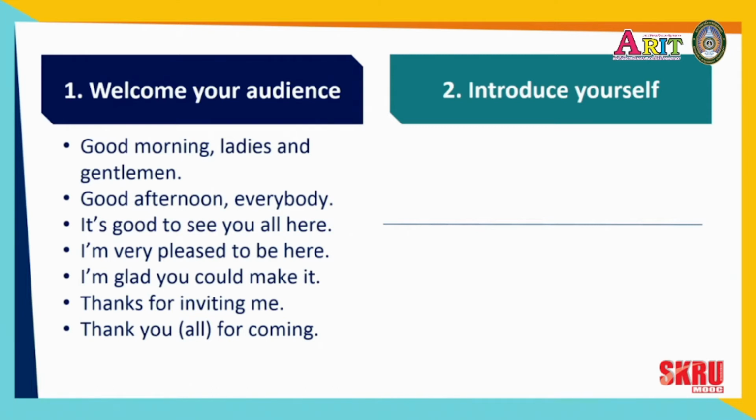Next, we have introduce yourself. So you have the "My name's" or "I'm." So my name's Steve Judge, or I'm Steve, depending on if you want to do a more formal or informal presentation. Next, you want to give your credentials.